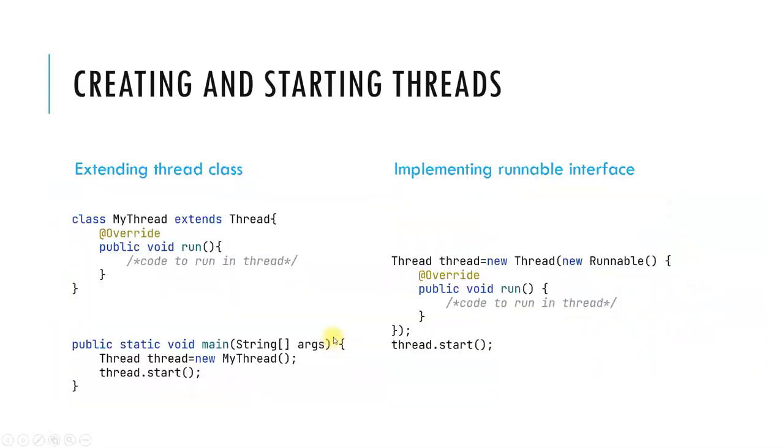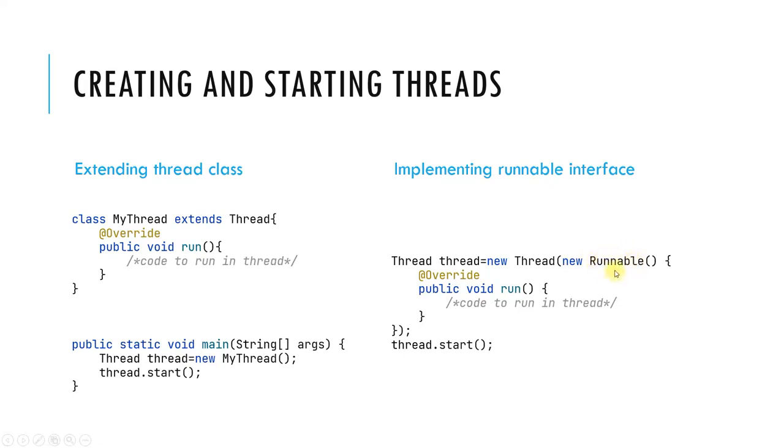Creating and starting threads. We can directly extend the Thread class and implement its run method to create our thread, or we can use another class with the Runnable interface.